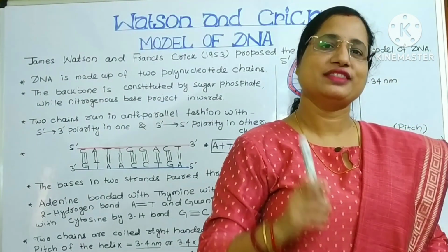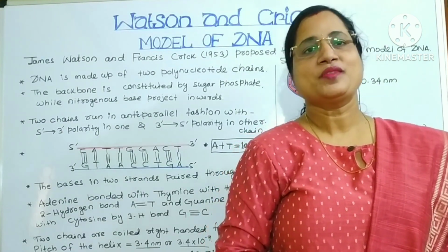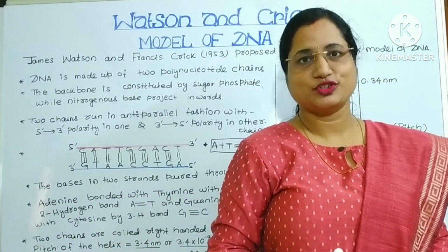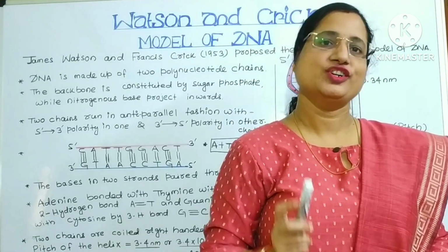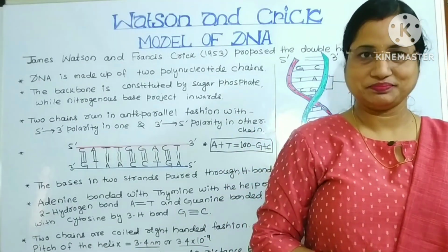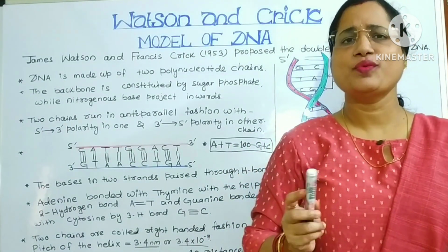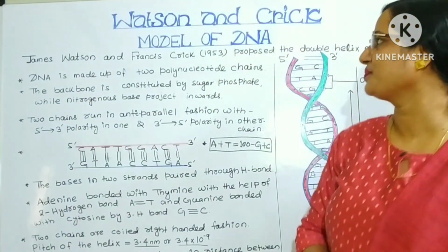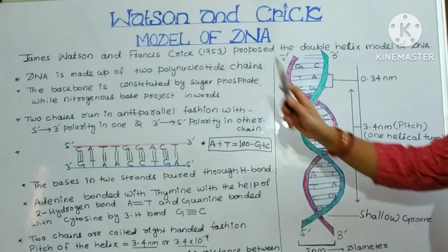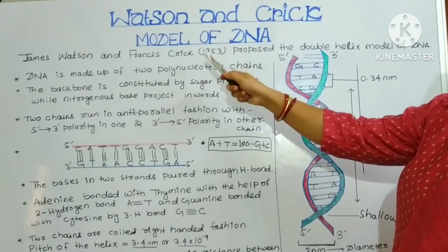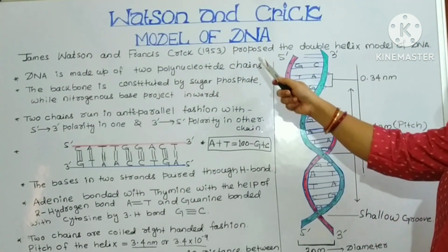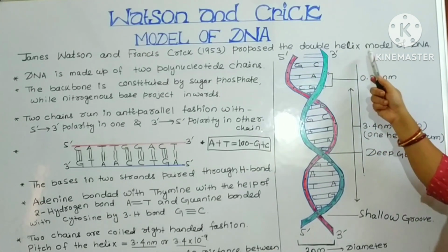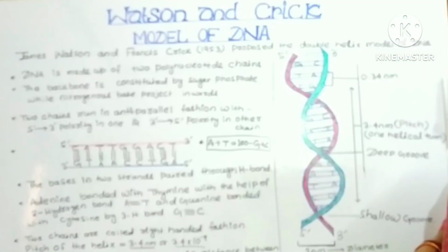On the basis of that X-ray diffraction, Watson and Crick proposed the double helical structure of DNA. Let's see what Watson and Crick proposed about DNA. James Watson and Francis Crick in 1953 proposed the double helix model of DNA.